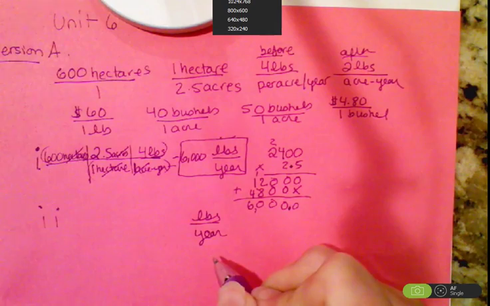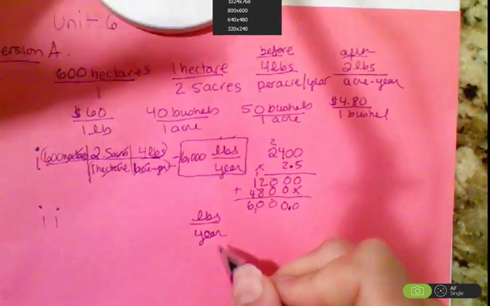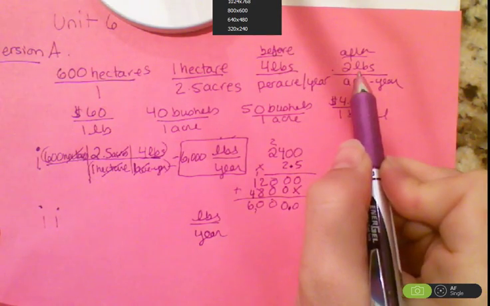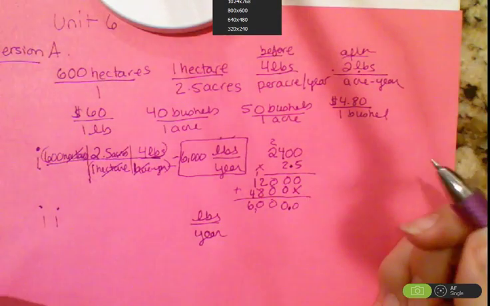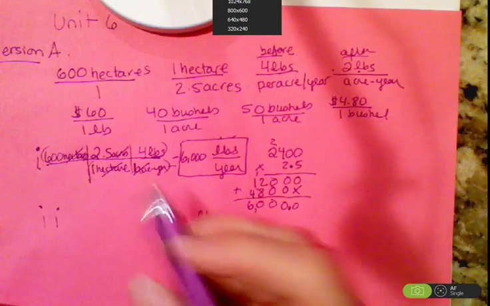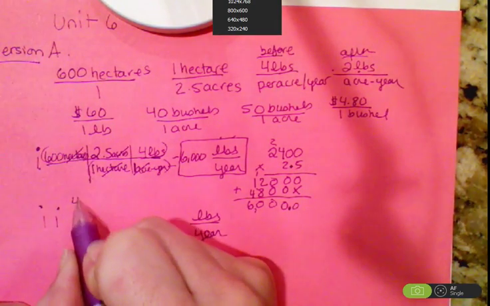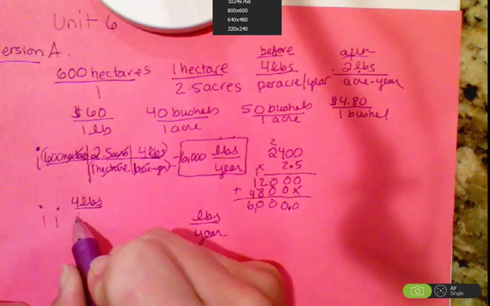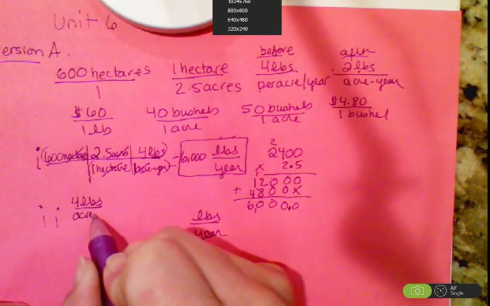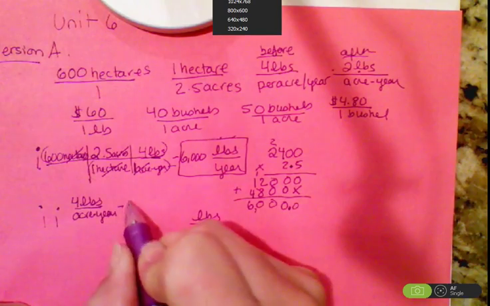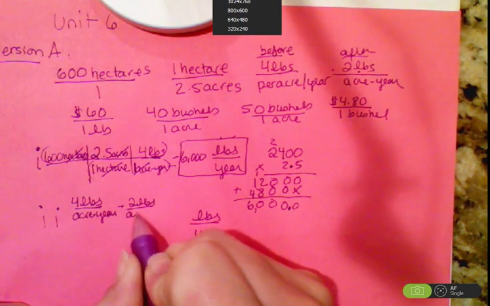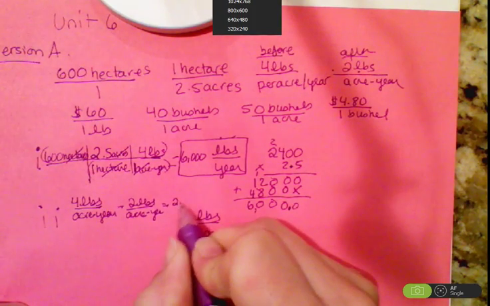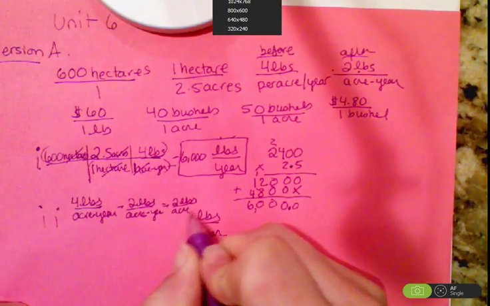And there's several ways to do this one. Obviously, when we're going from before, you use 4 pounds, and then after, 2 pounds. To be completely honest, I would say something like 4 pounds per acre per year minus 2 pounds per acre per year equals a reduction of 2 pounds per acre per year.